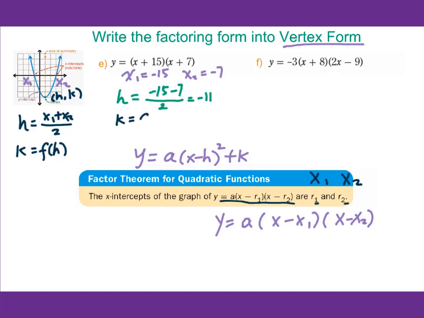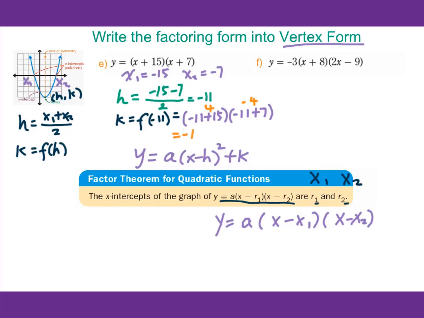And k equals f of h, which means negative 11. You will get negative 11 plus 15 times negative 11 plus 7. We got, this is a 4. This will be negative 4.